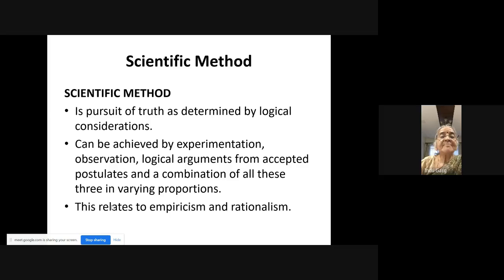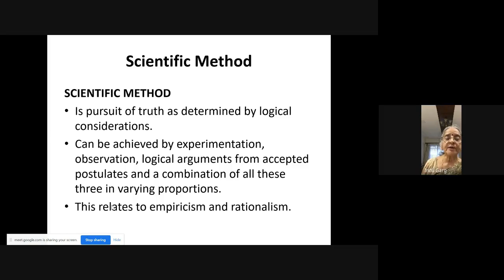So this scientific method is basically followed to determine logical considerations. And you can always come to conclusions by experimentation. You can conduct experiments, you can make observations, you can even have logical arguments.